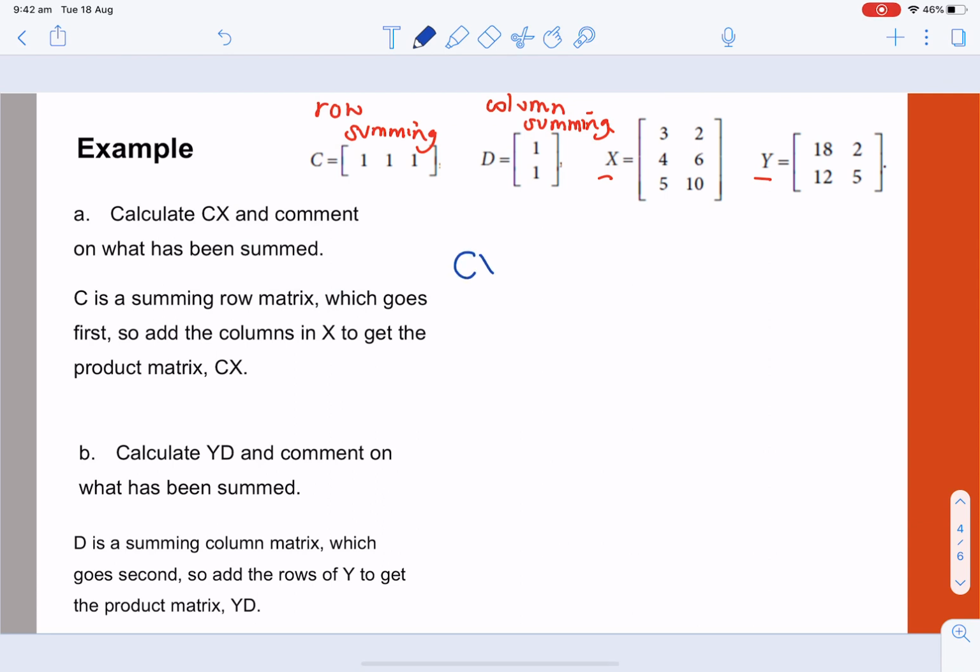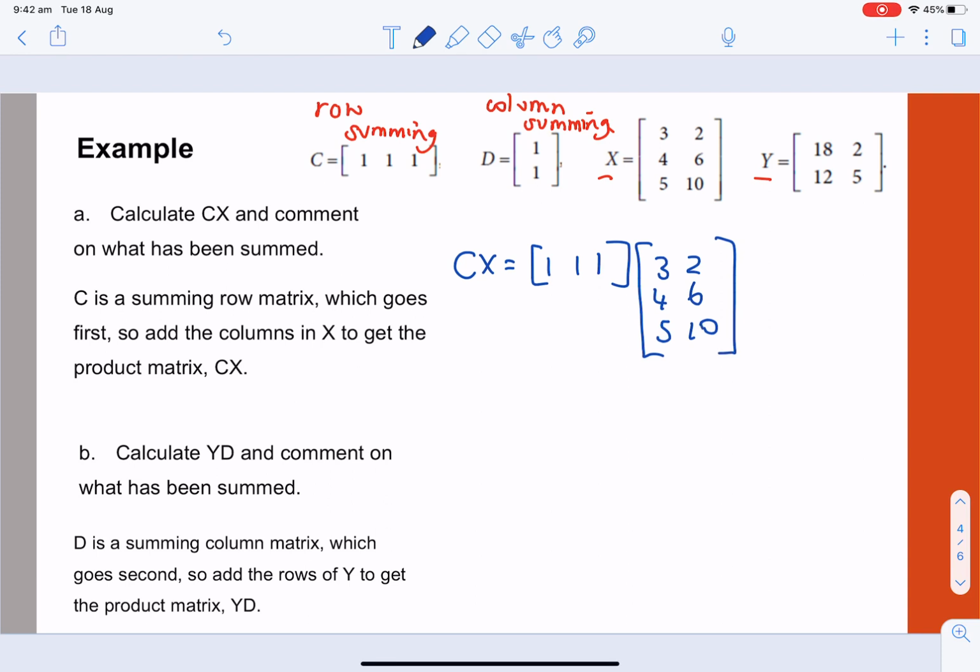So back to blue so I can write everything out. CX is equal to, now C coming first is a row matrix, 1, 1, 1. And my X matrix is 3, 2, 4, 5, 4, 6, 5, 10.